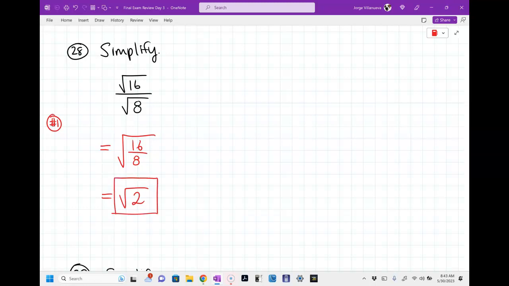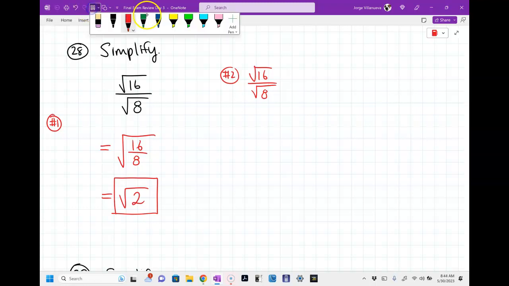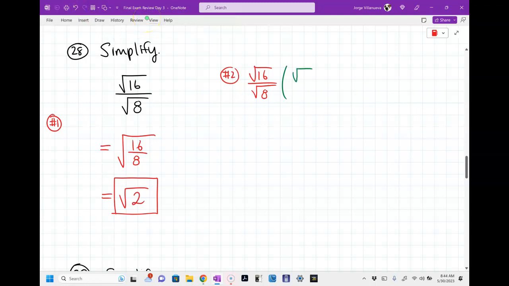Here's the second method. You could rationalize the denominator since it has a square root. Now the reason why I'm going to show this to you is in case there's a question where you can't just easily divide. Okay? So you're going to want to multiply by the denominator.